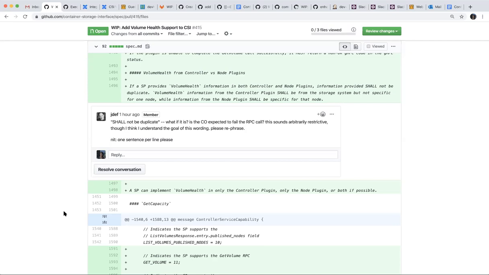Yeah, I think Shing, what I was imagining, if you want to implement a local volume plugin, if I was the one implementing this, I would implement a controller get health.